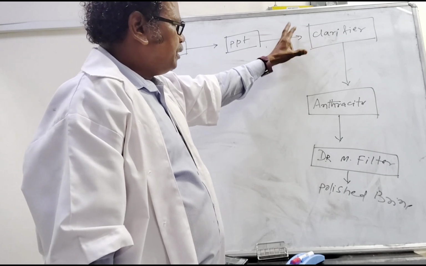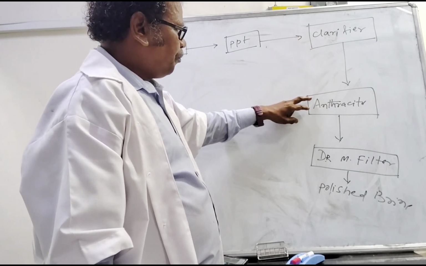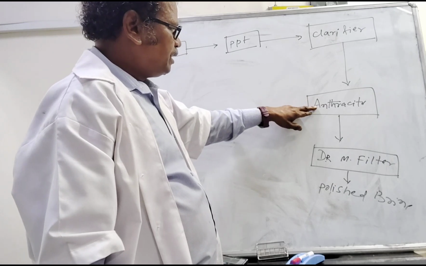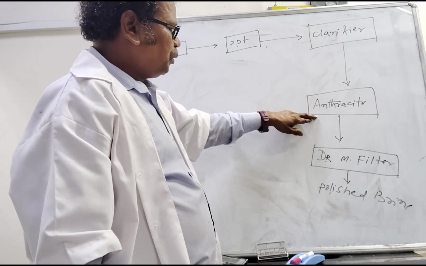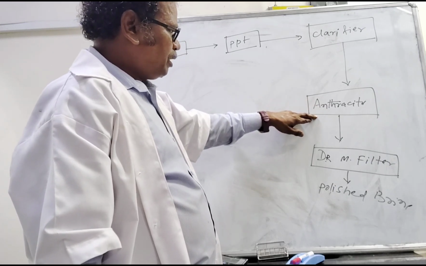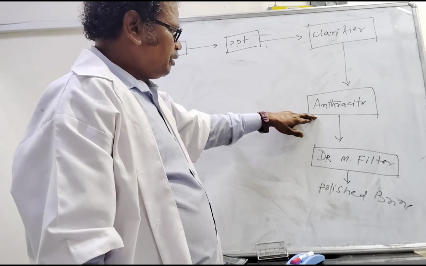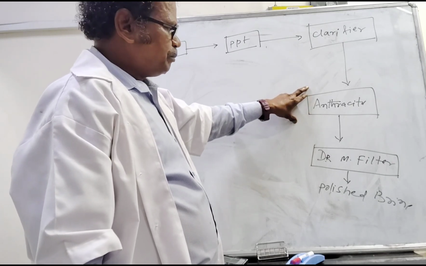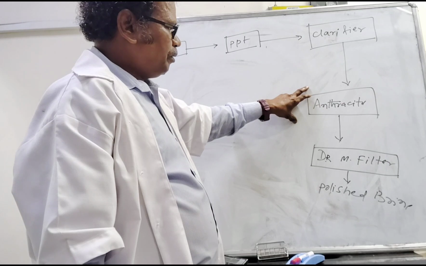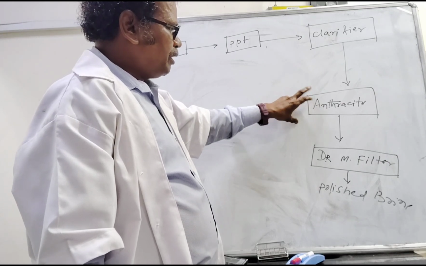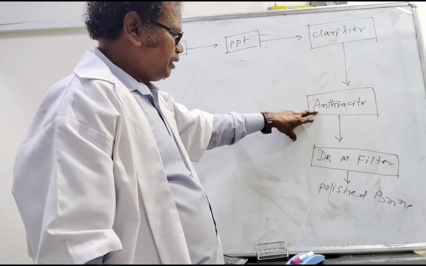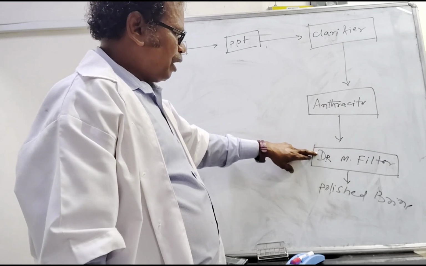Then it comes to the anthracite filter. At the anthracite outlet, the particles are 10 to 80 micron. The coarse suspended particles coming from the clarifier are arrested here, and it comes to the Dr.M.Filter.